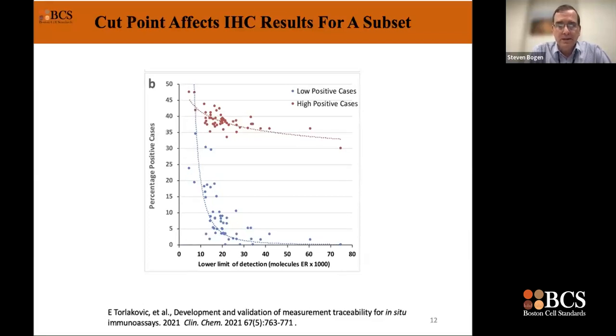For the low positive ER cases in this tissue microarray, the cut point has a huge impact on whether they are read as positive or negative. The positivity rates, as you can see, vary from almost 0 to 35%. So the conclusion is that the cut point, or LOD, lower limit of detection, directly affects test results, but for a subset of samples.